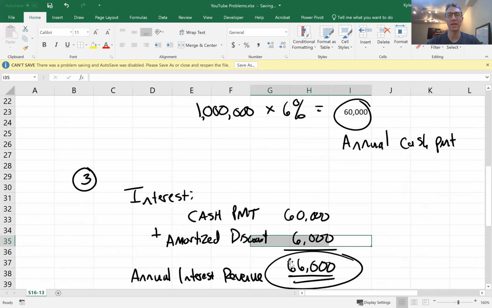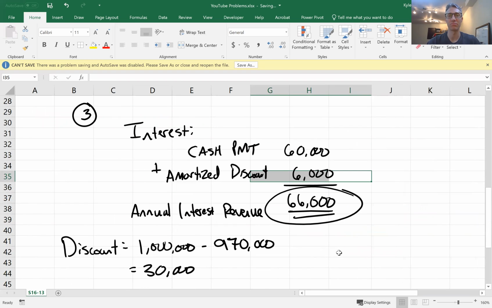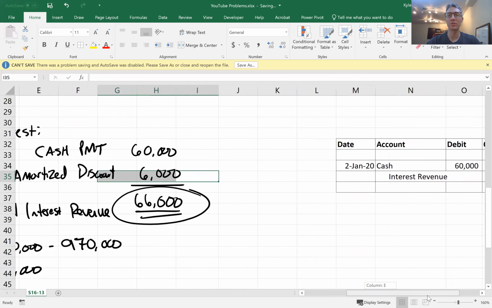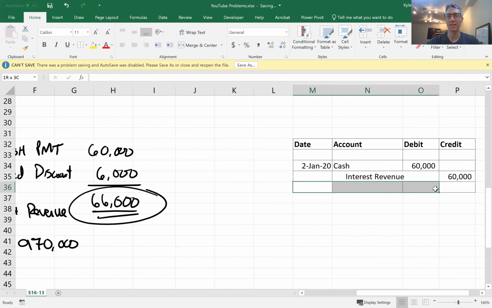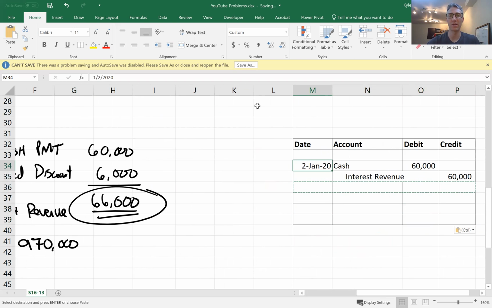Okay, but we have this whole amortized discount of 6,000. This happens annually. So what we need to do as well is do a journal entry to amortize that discount. When we do that journal entry, and this should be not January 2nd, 2020, so we're doing annual interest payments. So I'm going to do December 31st, 2020.